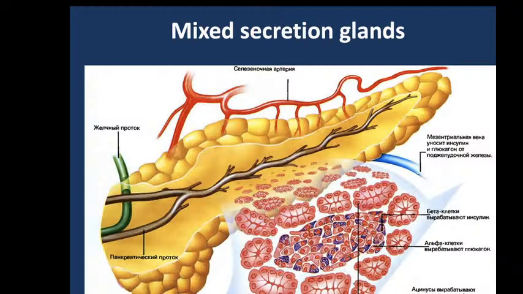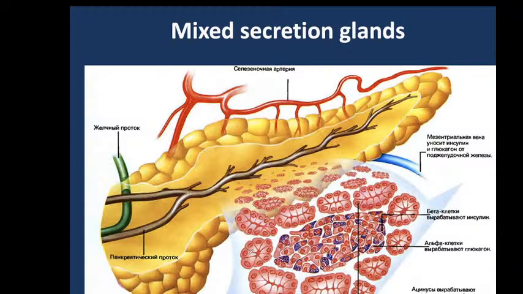Sometimes we could find exocrine and endocrine elements in one gland, like the pancreas. This is an organ of the digestive system.